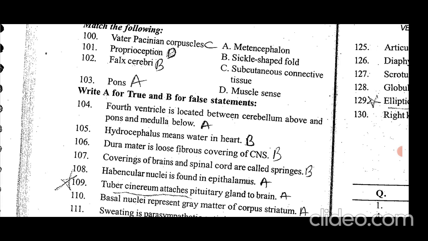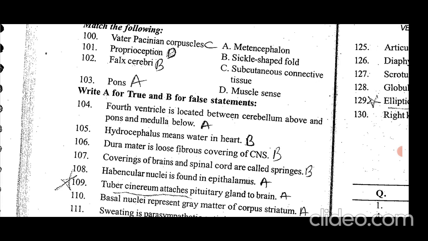Pons is in the metencephalon. And the fourth ventricle is between the cerebellum, pons, and medulla. Tuber cinereum attaches the pituitary gland to the brain. Habenular nuclei are found in the epithalamus.